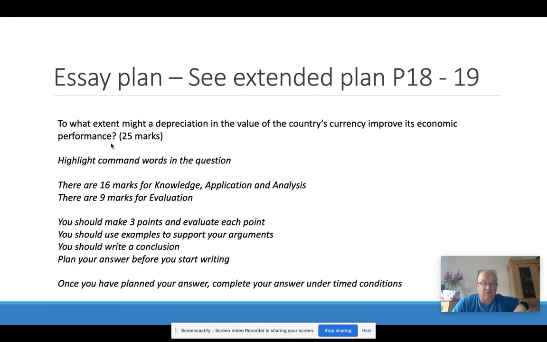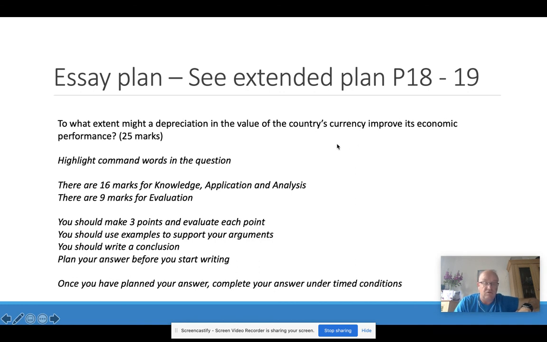And as I mentioned, once you've gone through that process, and we've given you some fairly clear guidance, I think if you use that as some sort of template for any 25-mark question, you're not going to go too far wrong. In this instance, obviously, we've changed the content to suit our question on depreciation in the country's currency.